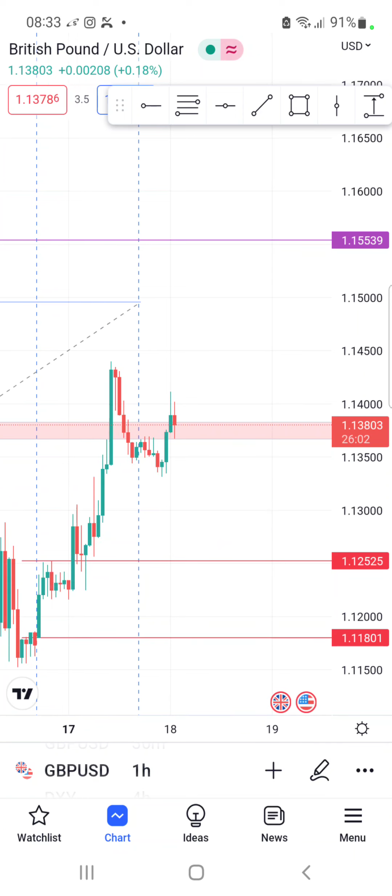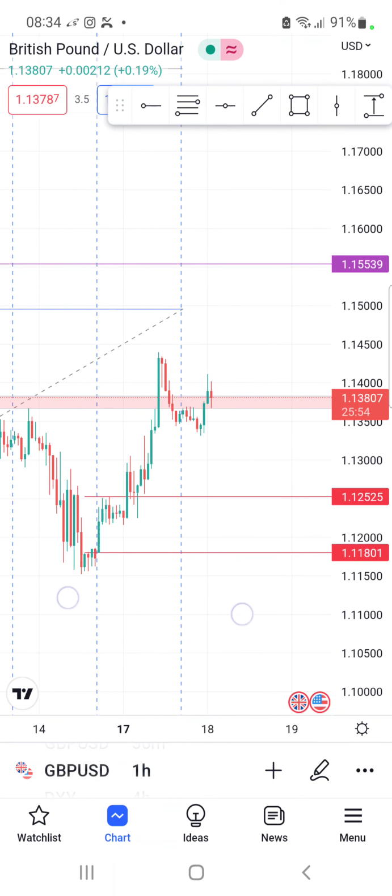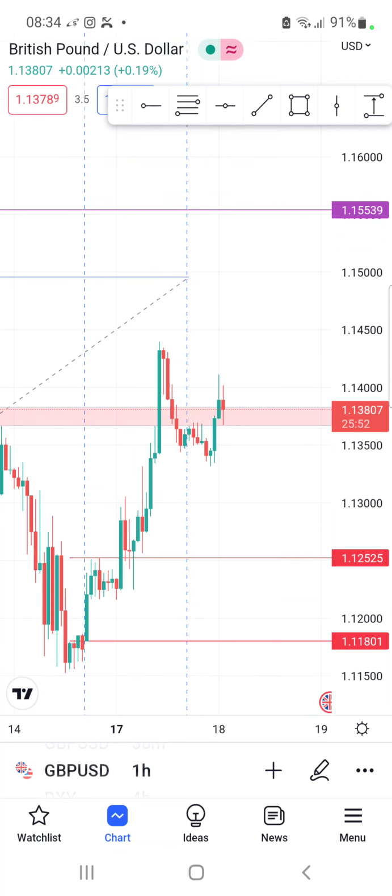Now watch out for this price movement for today. It's called the power of the candle.